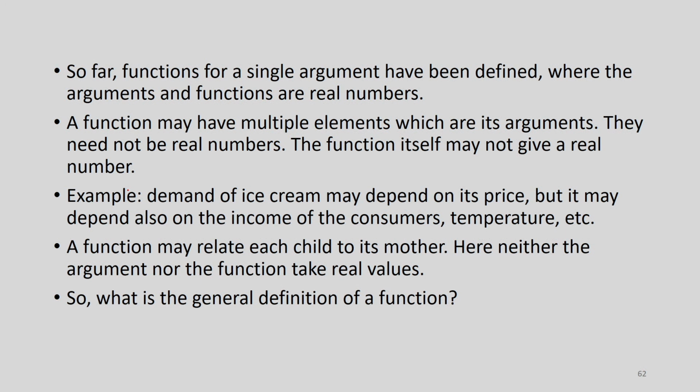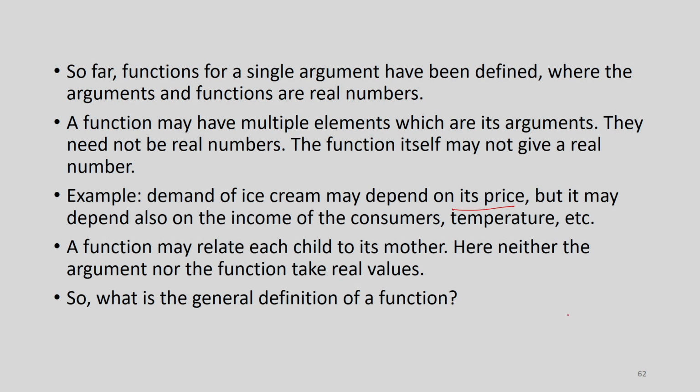The demand for ice cream may depend on its price, and that is called the demand function. If you remember, demand is a function of its price, but it may depend also on the income of the consumers, temperature, etc. So, there are multiple factors that might be affecting the demand for ice cream. Okay.